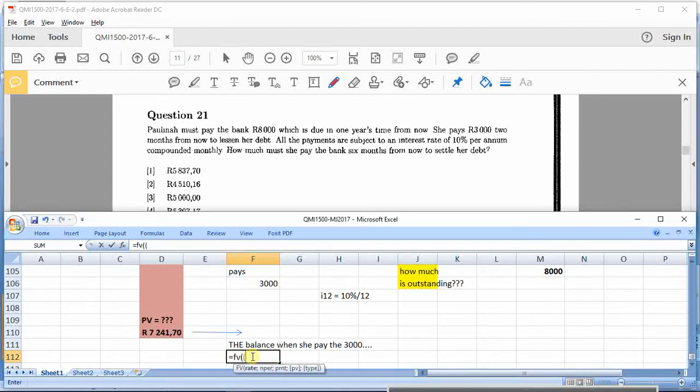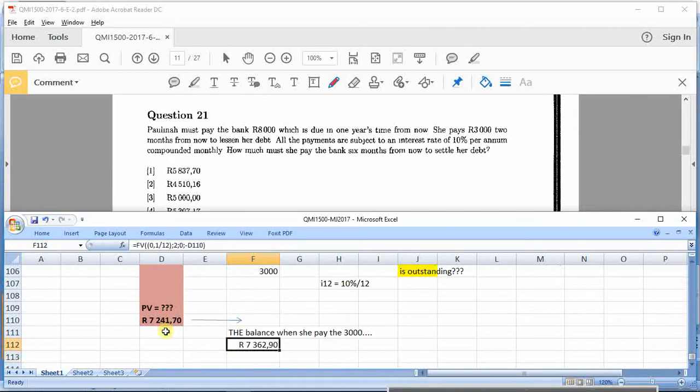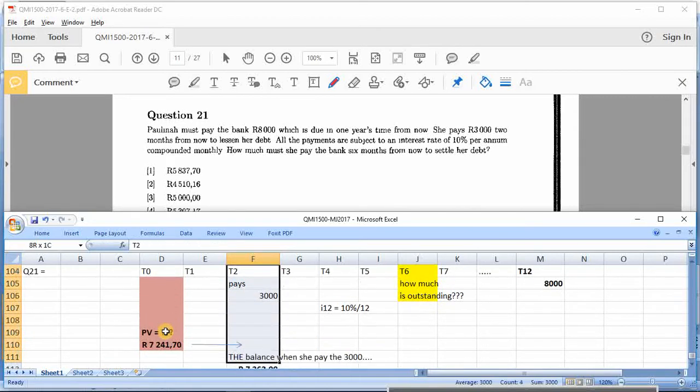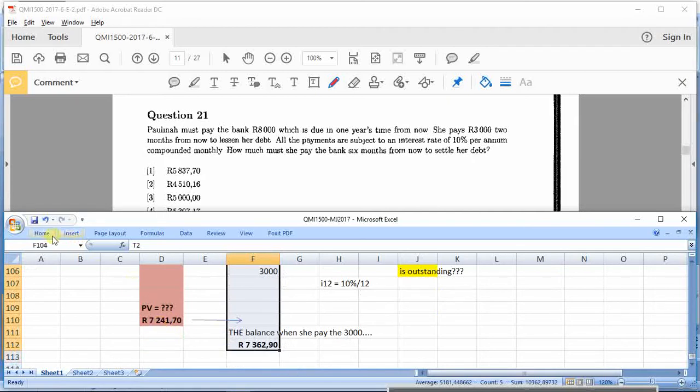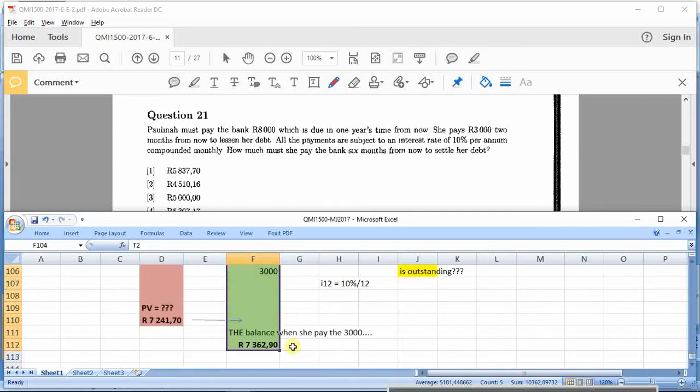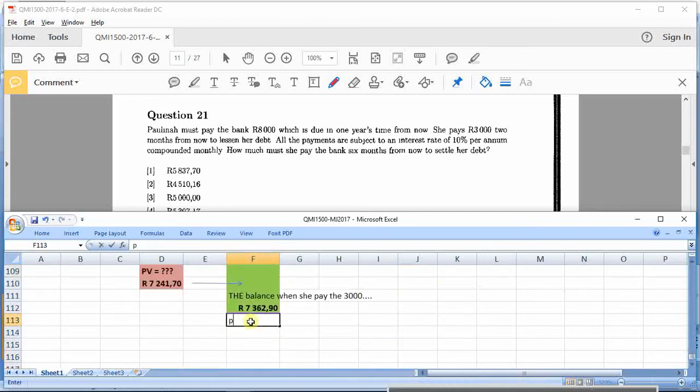Same rate, 0.10 divided by 12. How many months? 2 months. Payment? Nothing. Present value? This. That's how much she owes here. Right, then she pays.